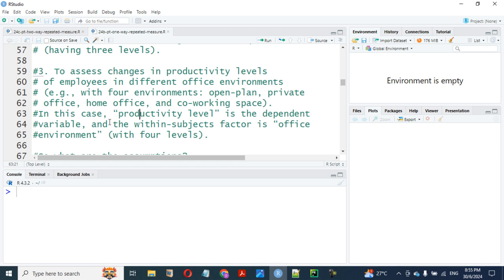Okay, this will become our independent variable.